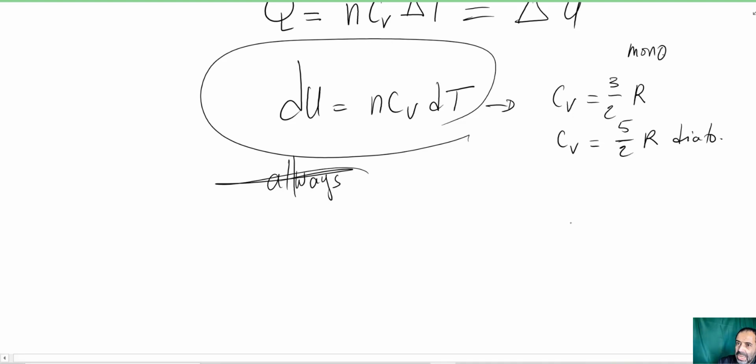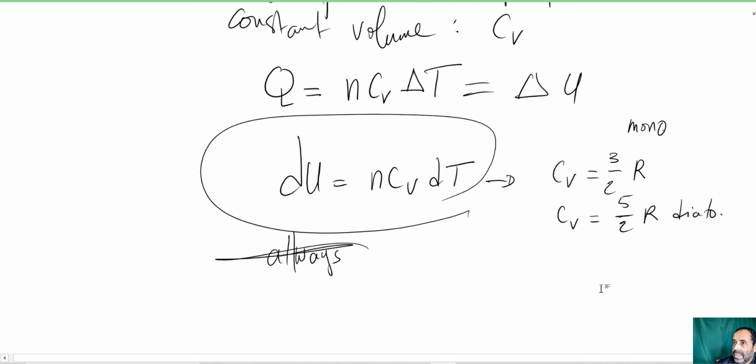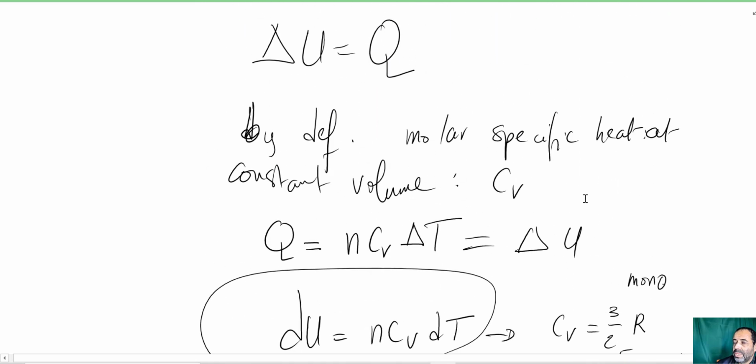So if we go back to the previous case where dT was equal to 0, namely an isothermal process, that recovers dU equal to 0. That's important, that's related to the previous idea. So that is one way of finding the molar specific heat, basically at constant volume, CV.